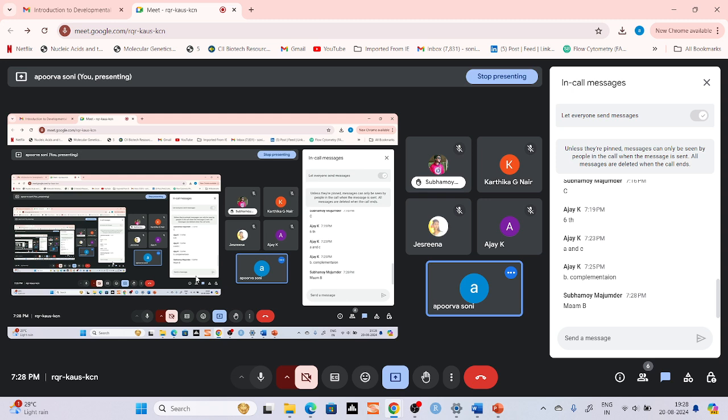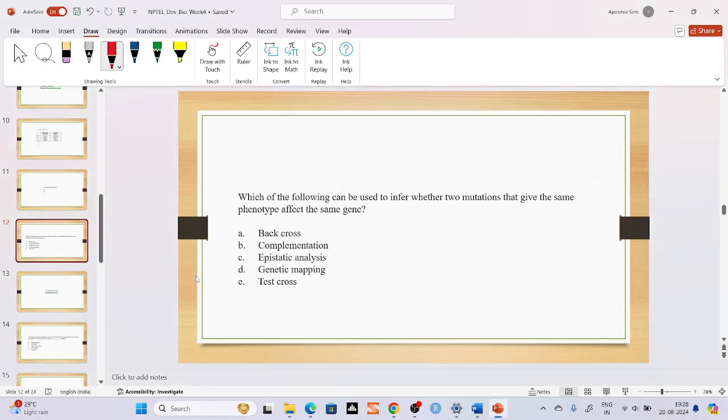Complementation is derived from the word complement. Complement means to complete. That means complementation is a type of mechanism where genes which are complementary genes, it is a kind of gene interaction where the two different genes work together to create a specific visible phenotype.